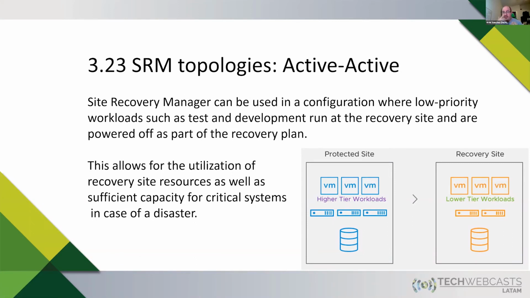A model that a lot of people use is they will put dev or test machines in the recovery site. So those hosts are being used in some way. But if you were to need that capacity, then you can turn off the dev and test and fail over the protected site. Of course, managing this is more resource intensive and more operationally intensive, but you are taking more advantage of the hardware that you have bought.